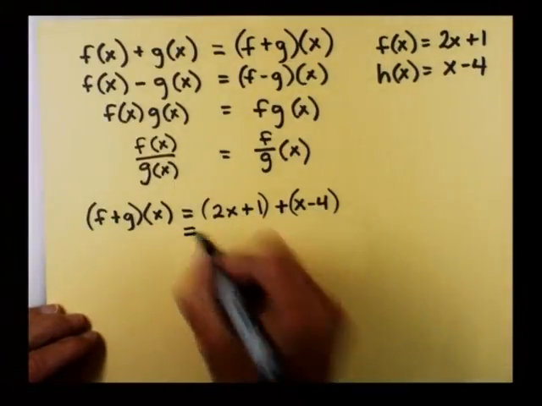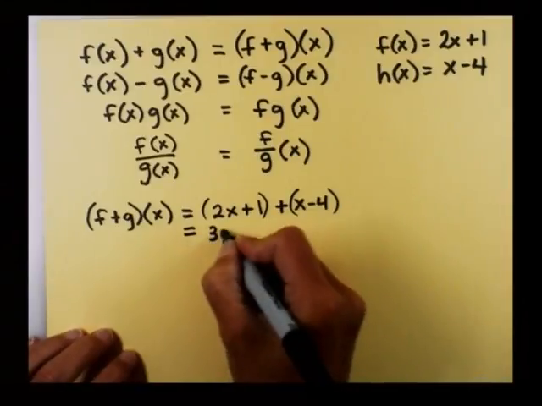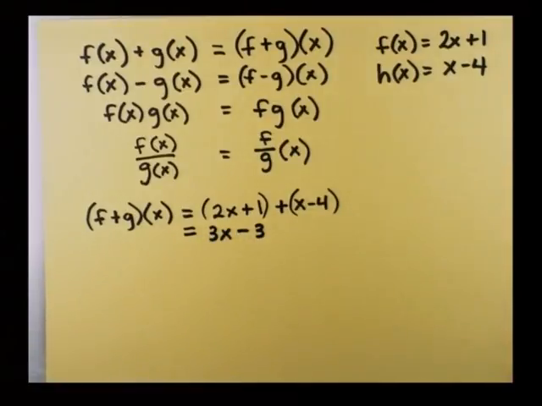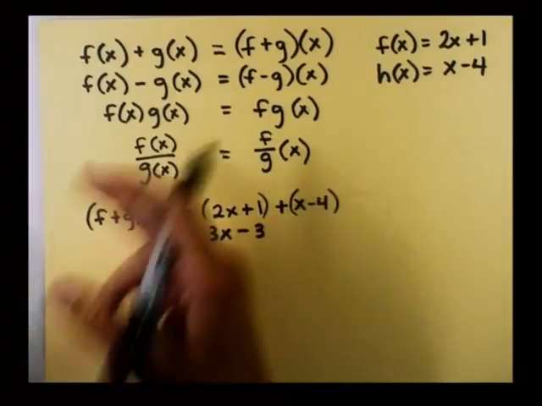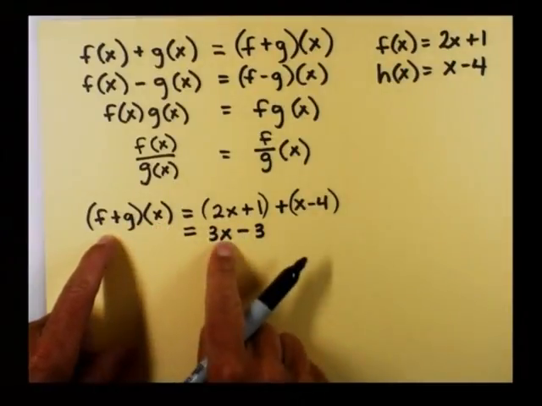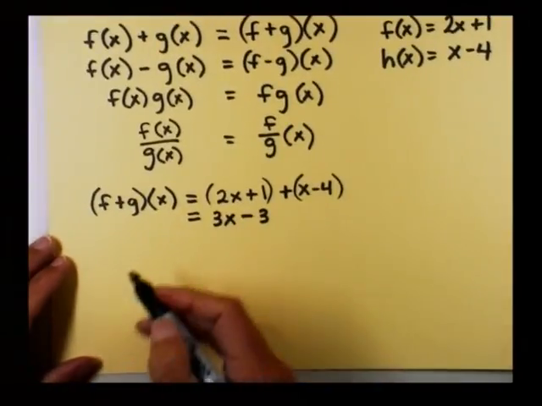To simplify this, I'm going to combine like terms, and I have 3x minus 3. So f plus g of x simplifies to 3x minus 3. Now that I've combined those two functions together, if I wanted to put a number in for this, I could just plop it right here into the x.